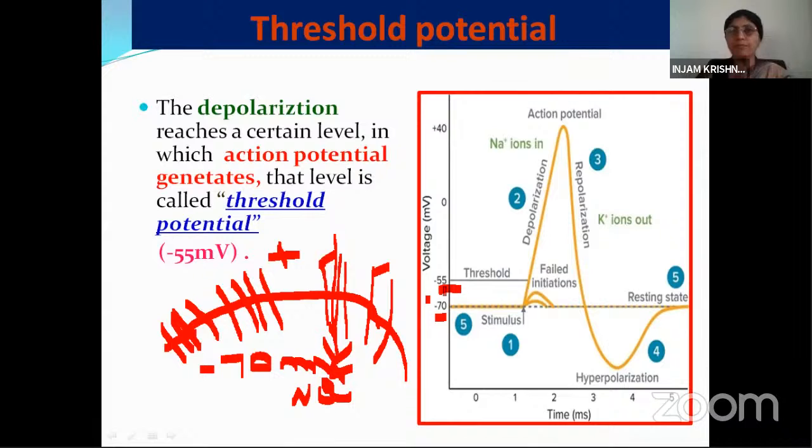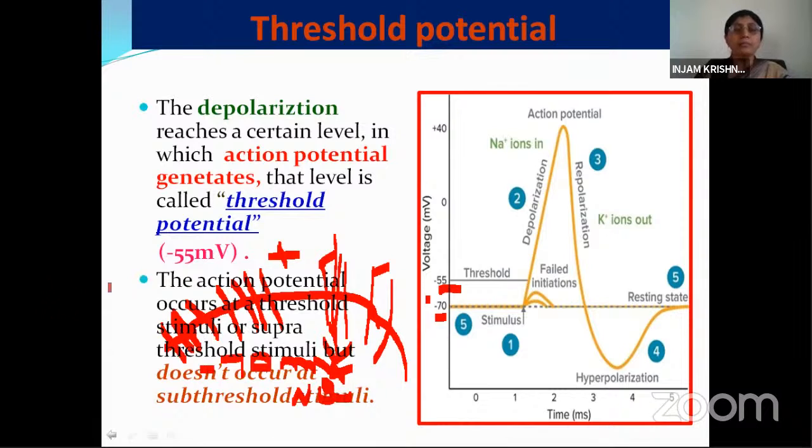Of course it is minus 55, but compared to minus 70, minus 55 is more positive. So the polarization has collapsed, and we call it depolarization. The action potential has generated, and depolarization has taken place.